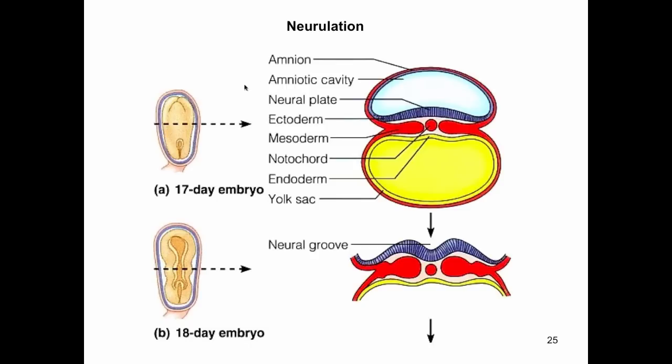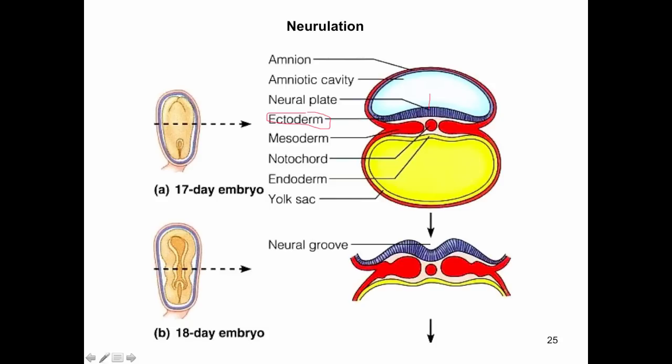So neurulation, as you can imagine, is highly vulnerable because it's these weeks where you're forming your entire, for example, central nervous system. The central and peripheral nervous system is derived from embryonic ectoderm, which is that top layer right there.